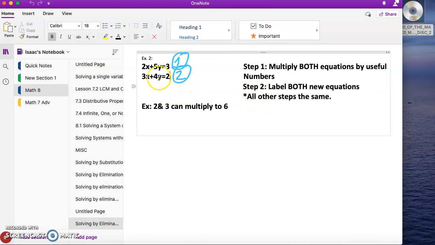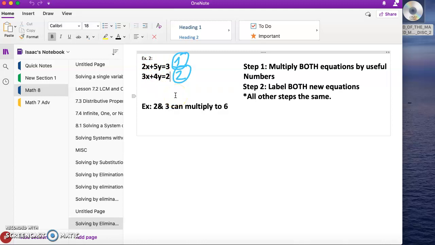So I'm personally going to try to get both of these to have 6 in front of the x. I want a coefficient of 6 in front of x's. Because 3 times 2 is 6 and 2 times 3 is 6, I can get to 6x pretty fast. Whereas with the y's, the smallest number I can think of that 4 and 5 go into is 20, a little bit harder than 6 to work with.